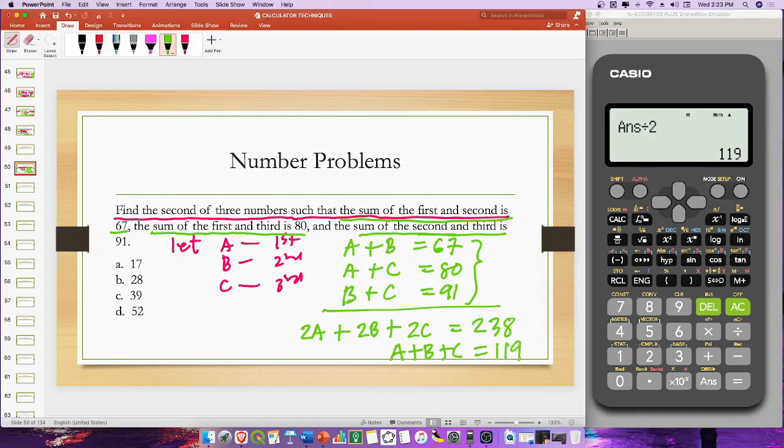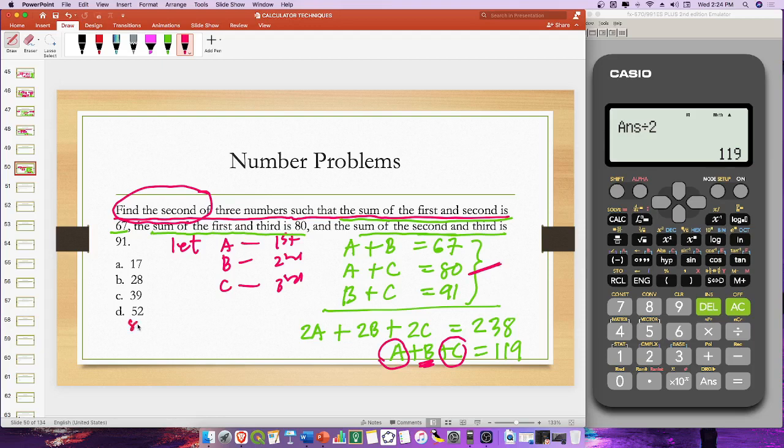Okay, let's go back to the problem. According to the problem, we need to find the second number. So let's solve for the value of B. Okay, so B there is unknown. But now if you notice, you have here A and C. So A plus C is here. That is equivalent to 80. So I will continue my calculation here.